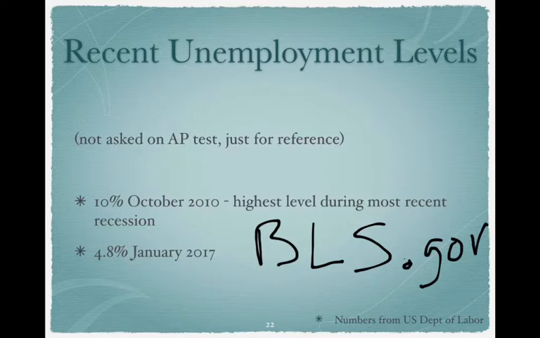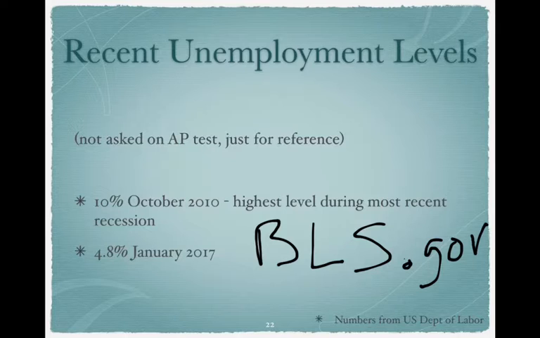BLS.gov is where I found this information with the U.S. Department of Labor. The most recent unemployment rate that we have is from January of 2017. The February numbers will be released sometime in early March. But right now we're currently sitting someplace around 4.8%.